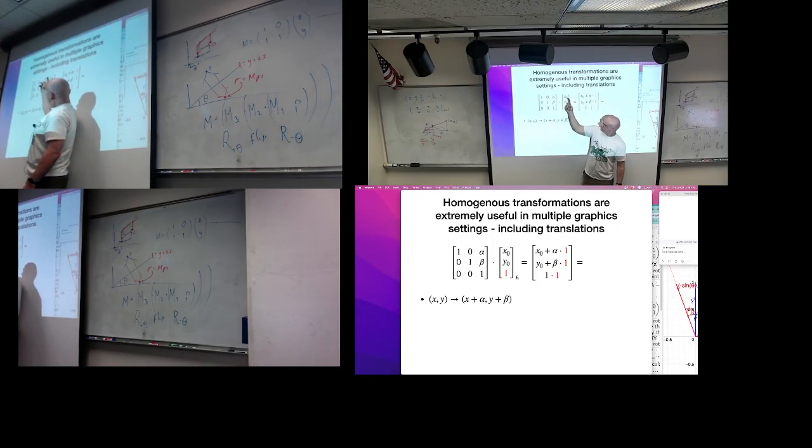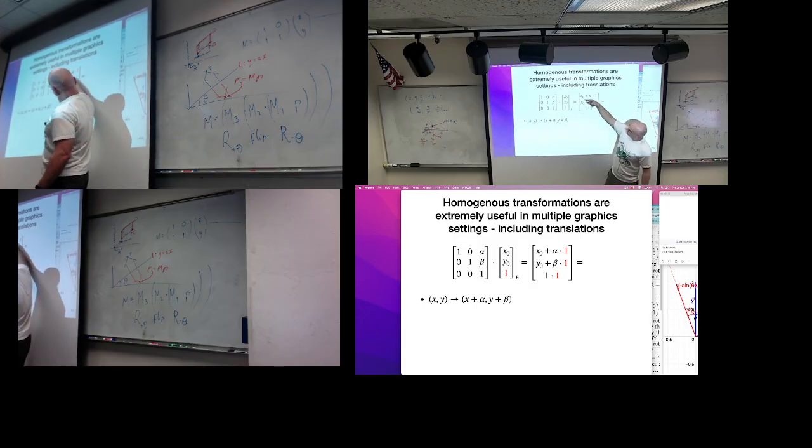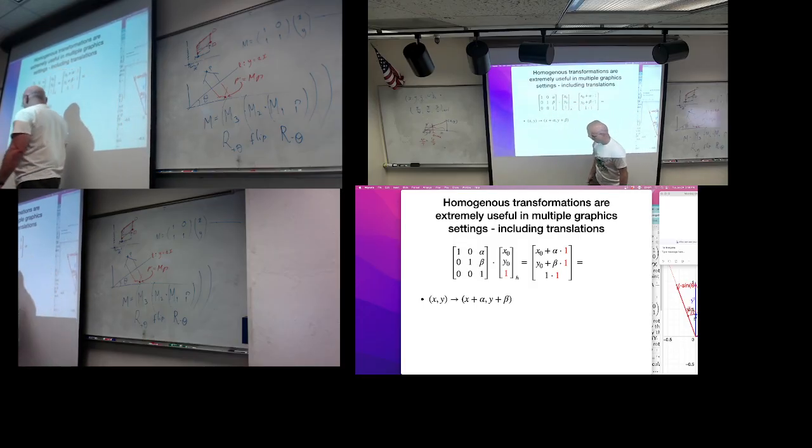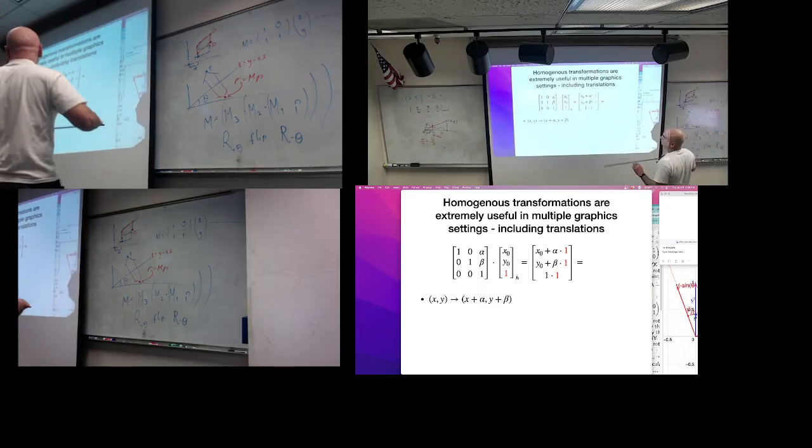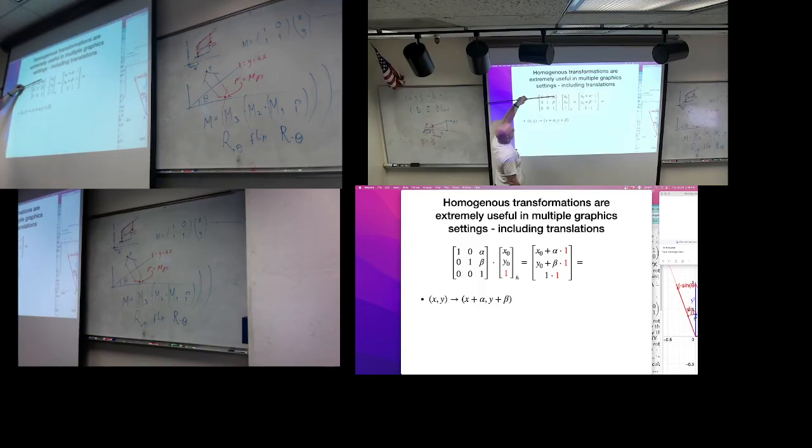What is the result of the product of this times this? The first number, which you generate by taking this row times this column, is x0 times 1, plus 0 times y0, plus alpha times this red 1 that you have over here.